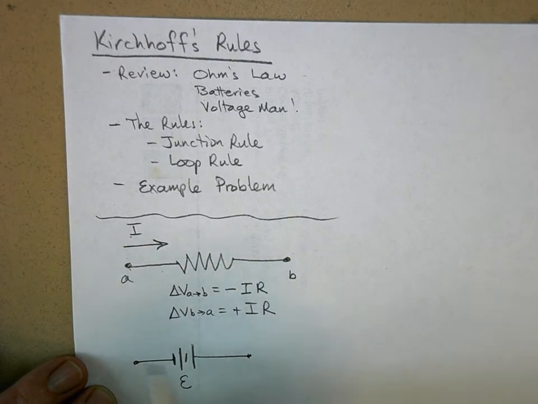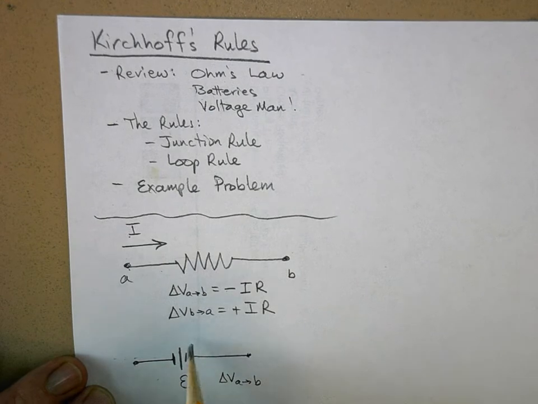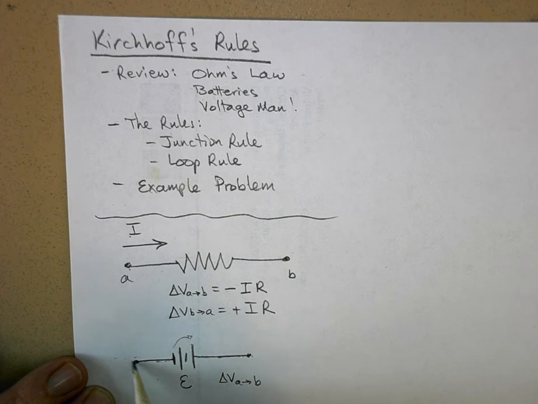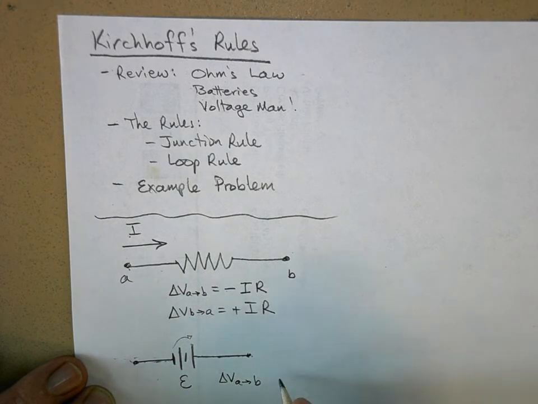But if I go from A to B, if I go from here to here, whoop, it's a jump in voltage. So all the stuff on this side is at a higher voltage than the stuff on this side. So from A to B, it's going to be just equal to E.